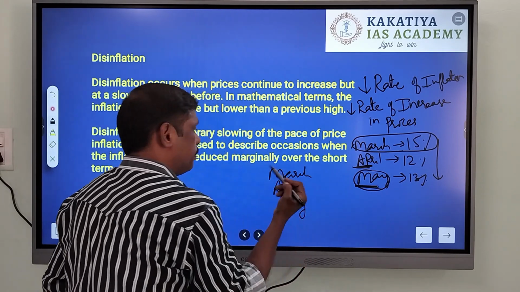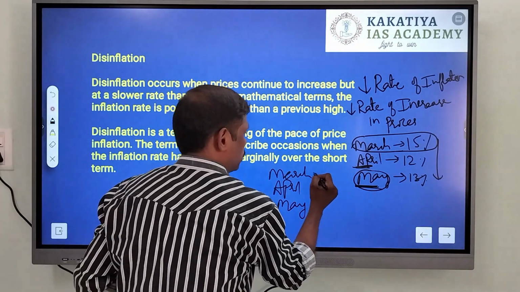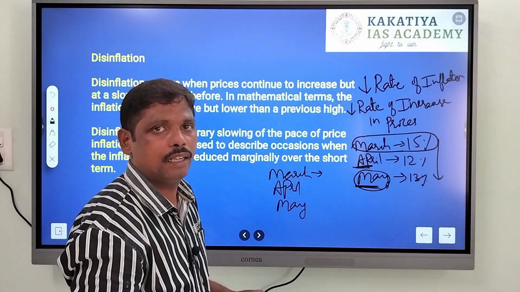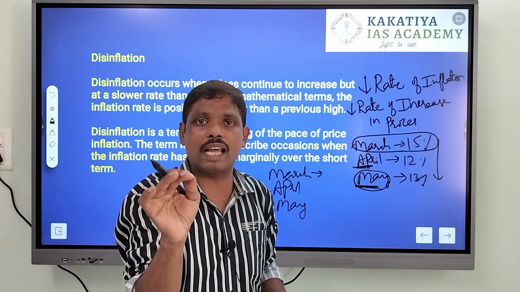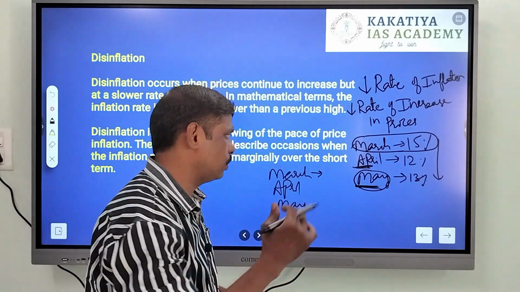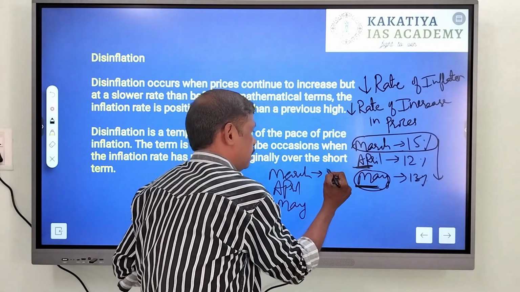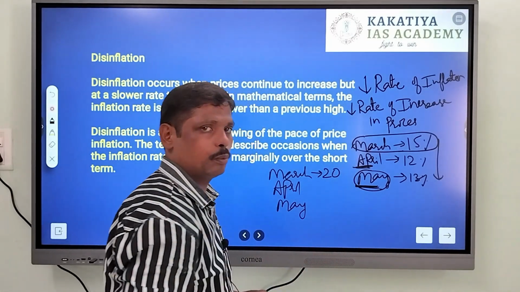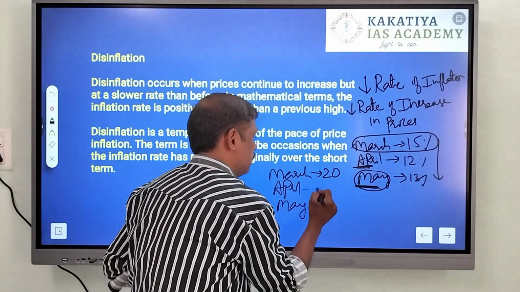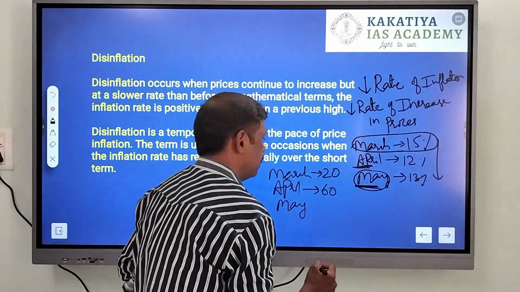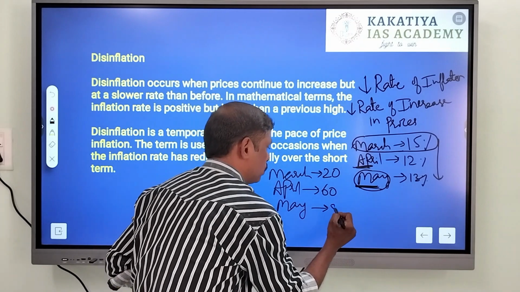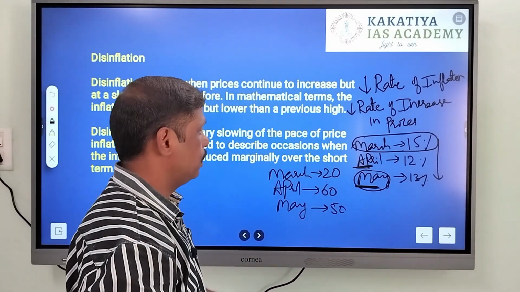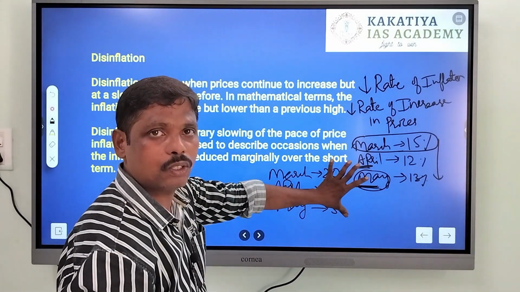Let me take the example of the price of onions, because onions are a common good and you see volatility in their price. Think that the price of a kg of onion is 20 rupees in March. In April it increased to 60, and in May it came down to 50 rupees.